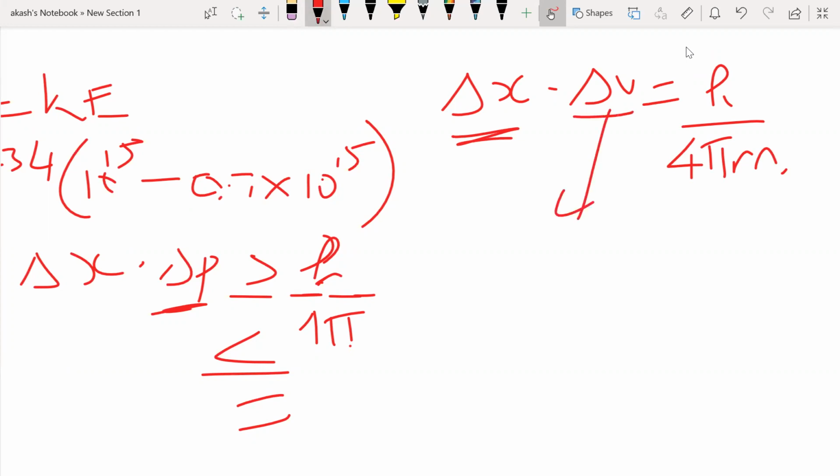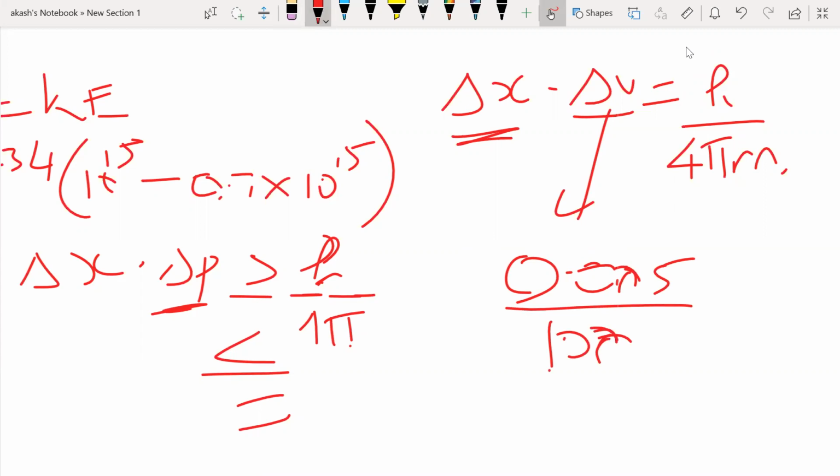And del v will be 0.0005 divided by 100, into 600.